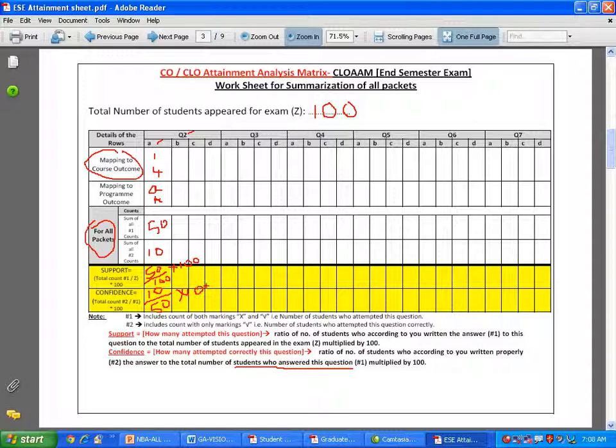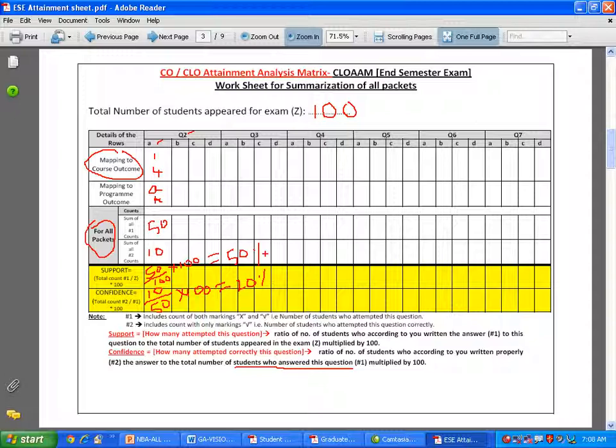Now in this case, support is say 50, and the confidence is say 20%. Now how to read this? It is 50% of the students who have answered this. It is 20% of 50%.